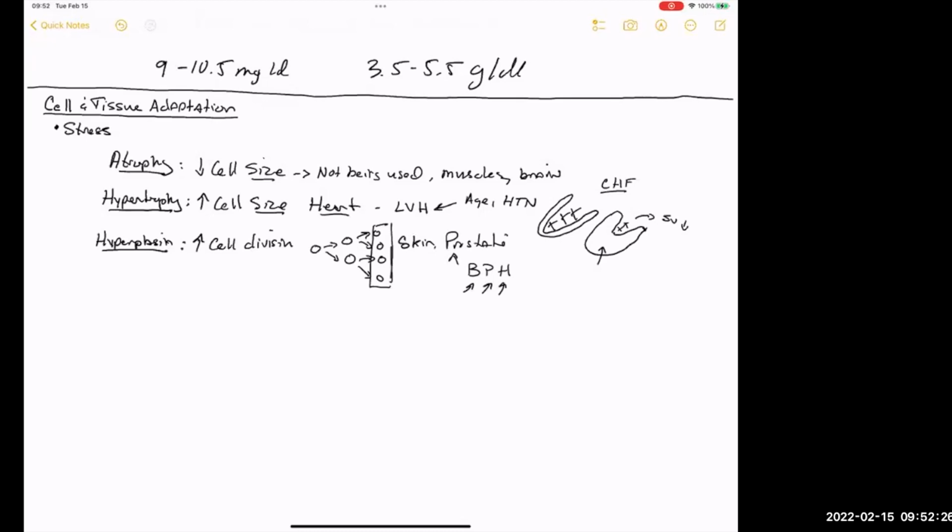And this is very common in people as they age. Typically after about 35 is where you start seeing this occur. But you can see this occur in other areas of the body as well. If you have lots of friction or stress, that can induce hyperplasia in tissues where cell division can occur.